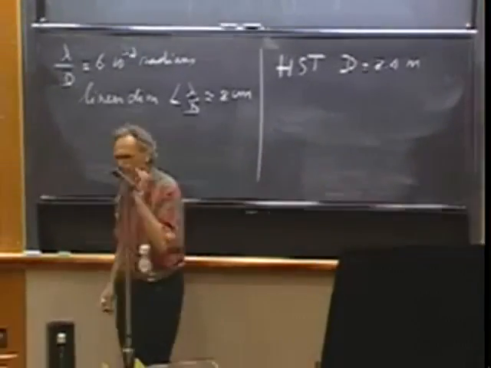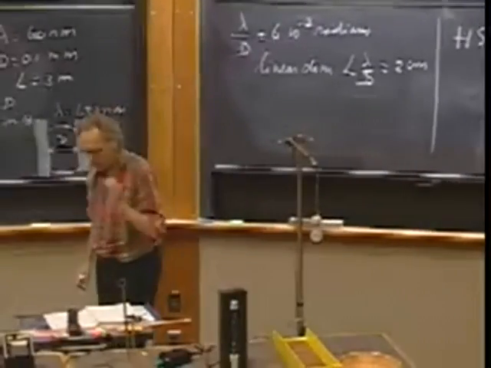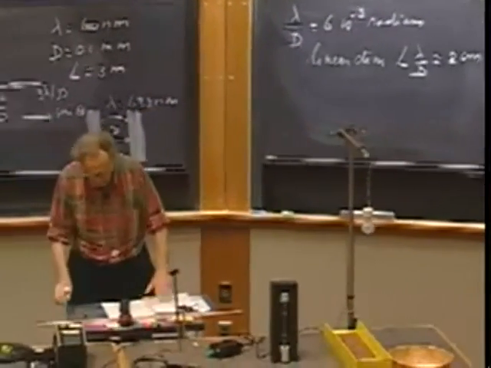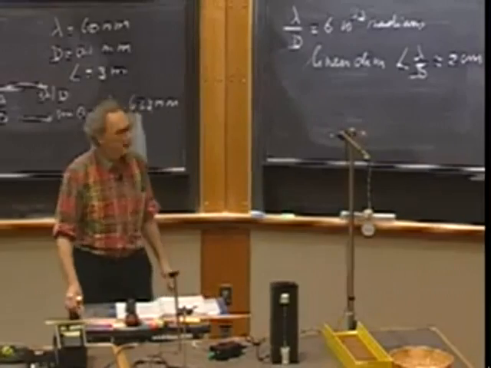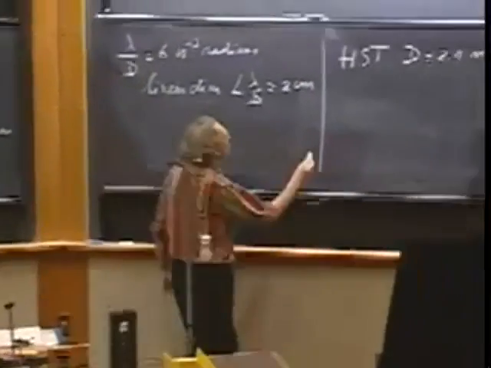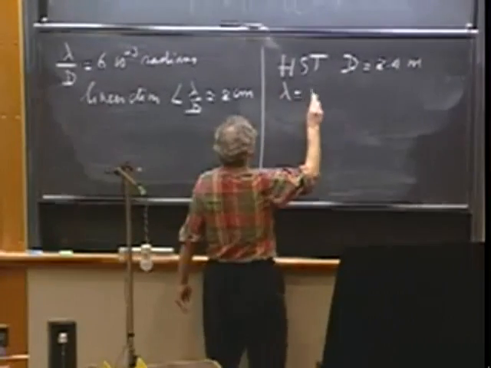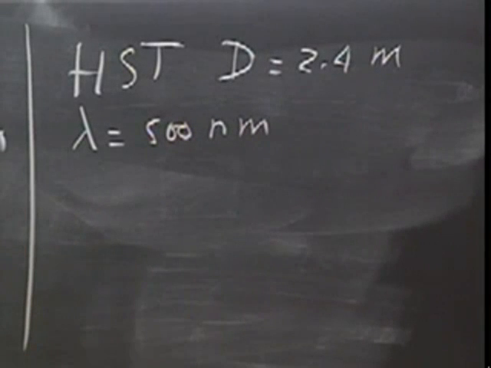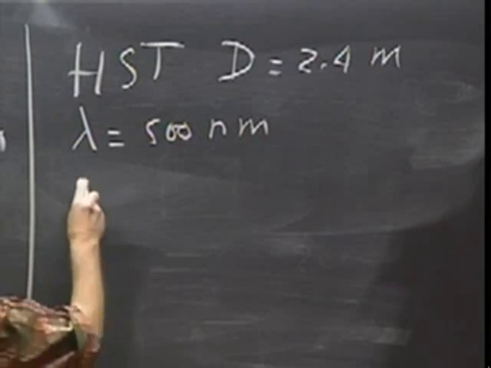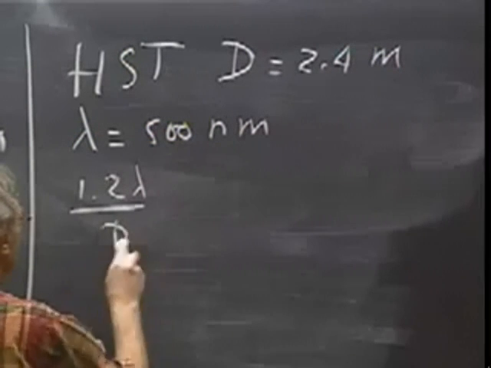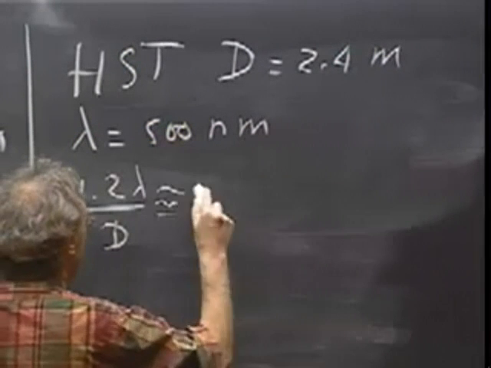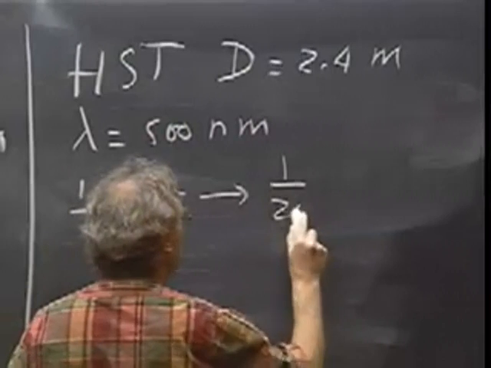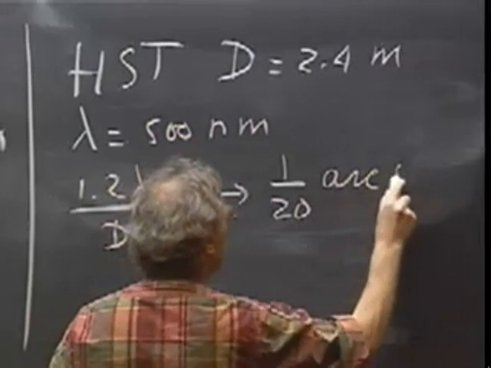And it is prepared so carefully that the claim is made that it is really diffraction limited. And so that means if I take an average wavelength of the optical spectrum of about 500 nanometers, I realize that it goes all the way from 400 to 650, but if I take this as a representative wavelength, then 1.2 times lambda divided by d translates into about 1/20th of an arc second.